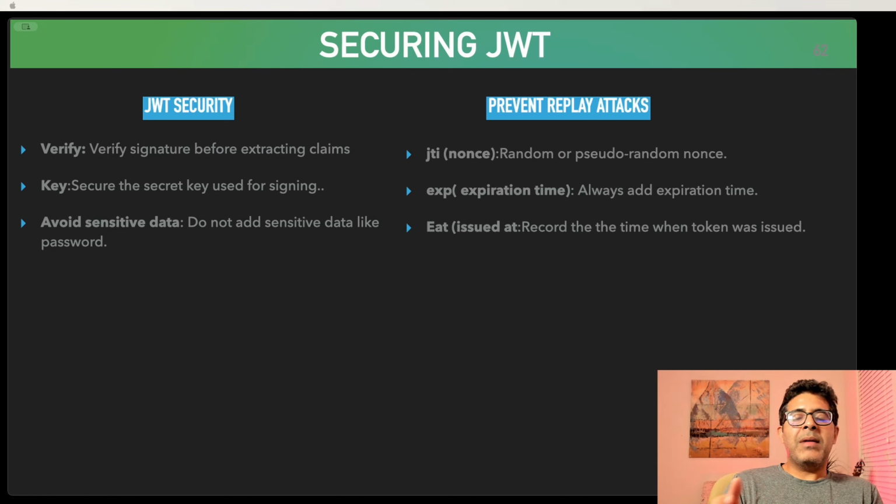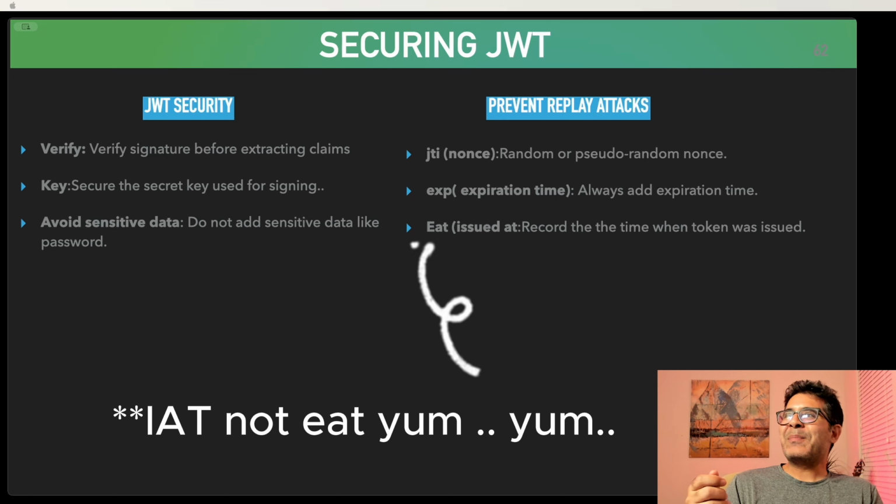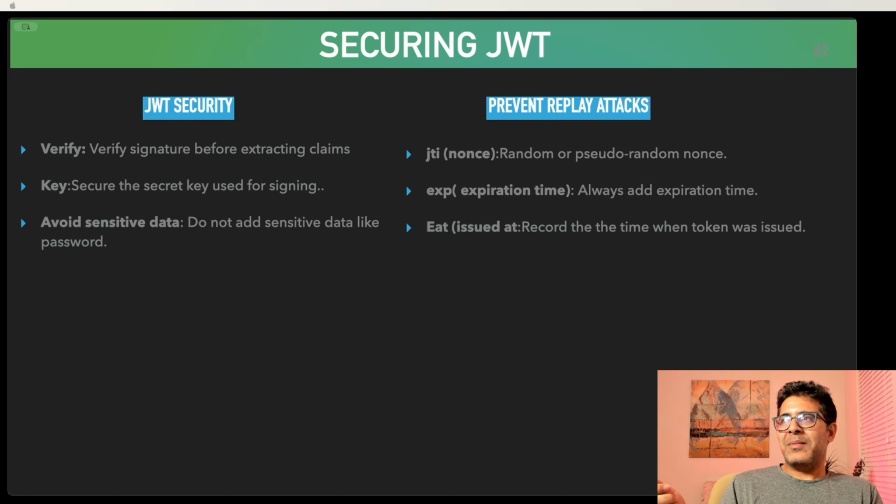That token will not expire. So make sure that you are providing an expiration time, and you're also putting the IAT. I think I wrote it as EAT. Record the time when the token was issued. And have a random nonce as well.